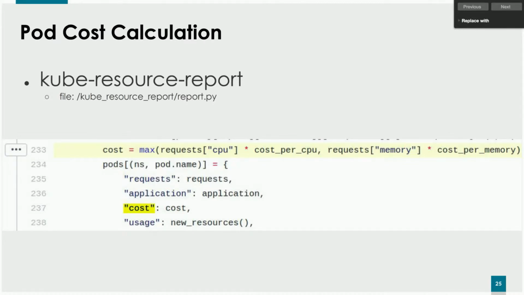So let's look at some of the open source tools that are actually reporting on this, for example, how Coop State Report is calculating these cost numbers. If you look at it, it is taking the CPU request here and multiplying it by the cost per CPU. It does the same for the memory, which gives you your cost number here, and then it just sums it all up.